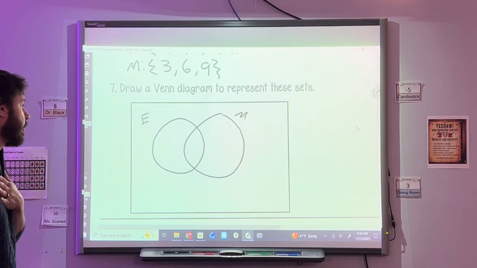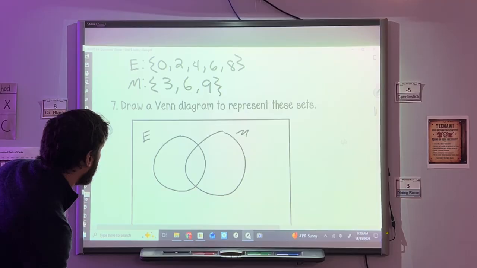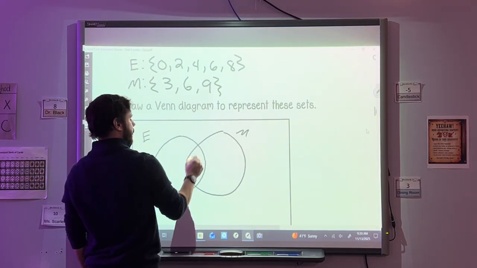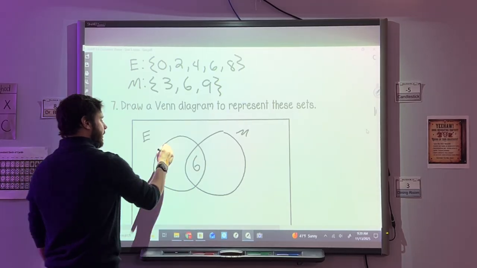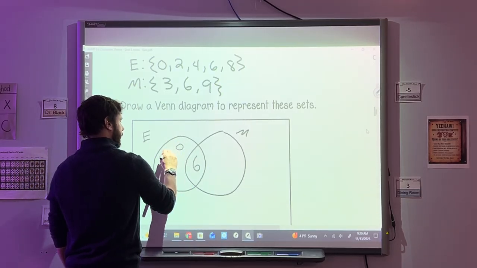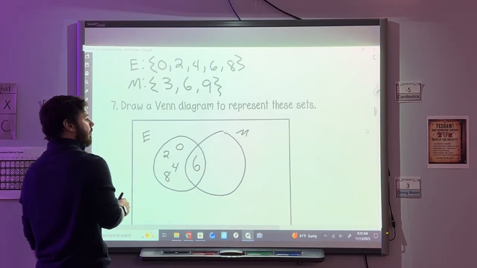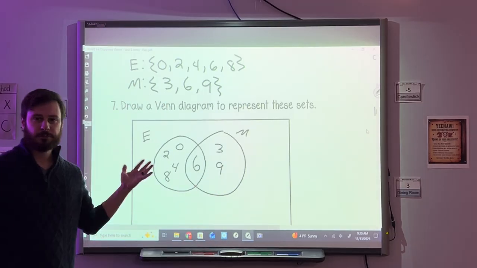I always start where the overlap is. So even numbers and multiples of 3. What's in both of these? I see just 6. 6 is even, and it's a multiple of 3. The rest of the evens, 0, 2, 4, and 8. And then multiples of 3 had 3 and 9.